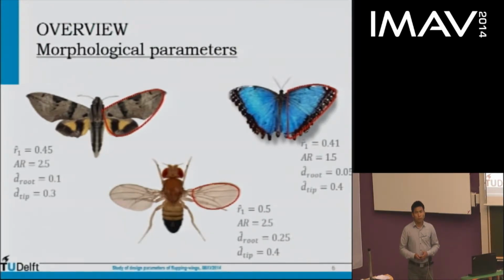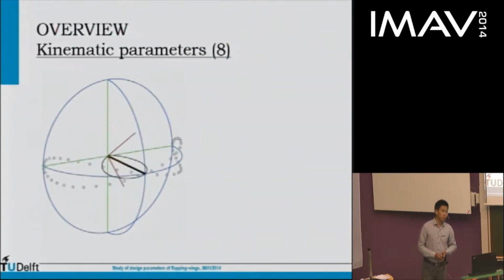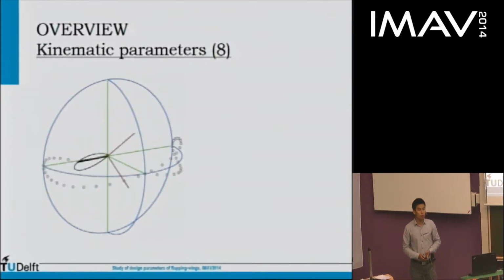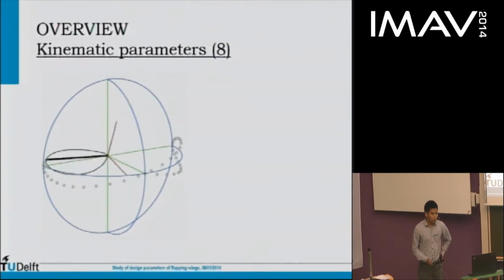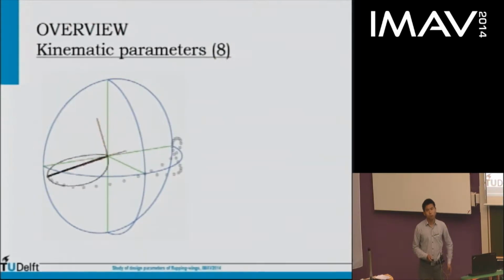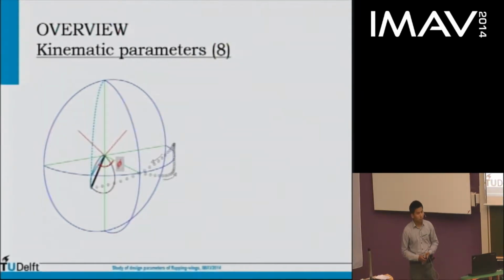Besides the morphological parameters, the kinematic parameters are also very important. This is an example of a 3D motion of a flapping wing, with an H-shaped wingtip trajectory. We usually use three Euler angles to describe this kind of spatial movement.